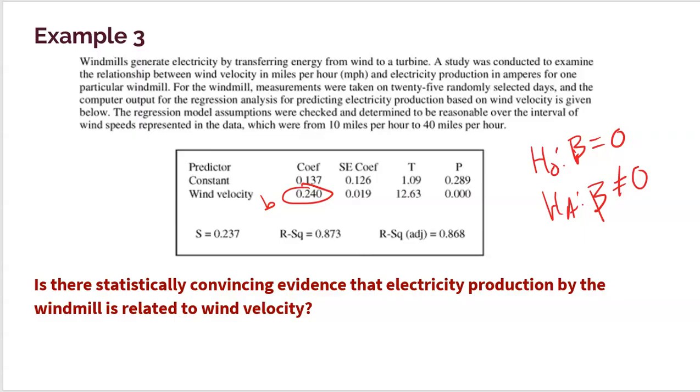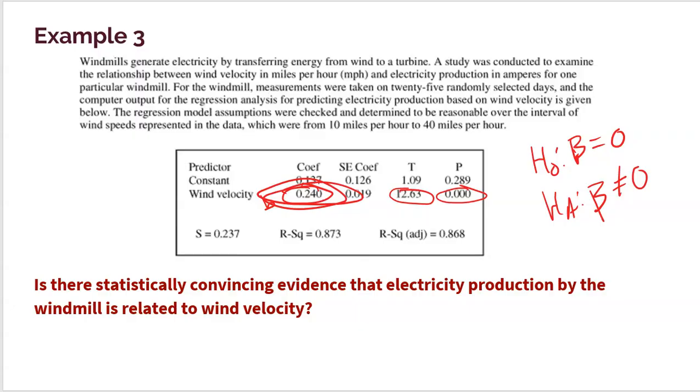Now, step 3 would be actually getting the t-score, but I don't need to get it. It's right there, 12.63. That's a crazy high t-score. And then even the p-value, guess what? Don't need to do any math because they're telling you the p-value is essentially 0. So basically they're saying that our slope essentially has a 0% chance of occurring, which is pretty unlikely last time I checked, but it did happen.